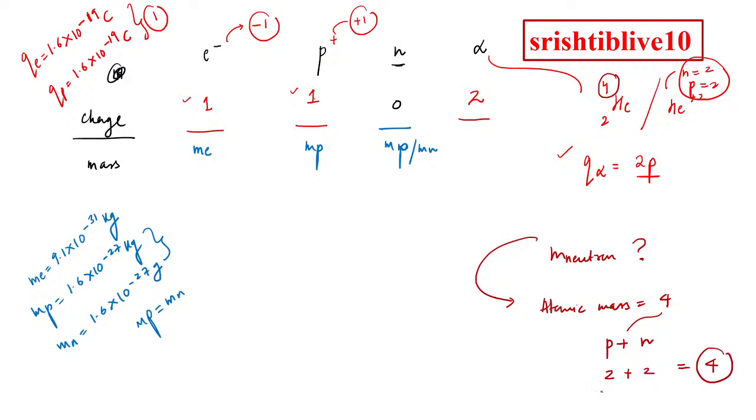We know that the mass of proton is equal to the mass of neutron, so I can write that we basically have 4 into mp. Yes or no? The total mass is going to be 4 into the mass of proton, because the mass of neutron equals the mass of proton. Is this step clear, how the mass is 4 mp or 4 mn?